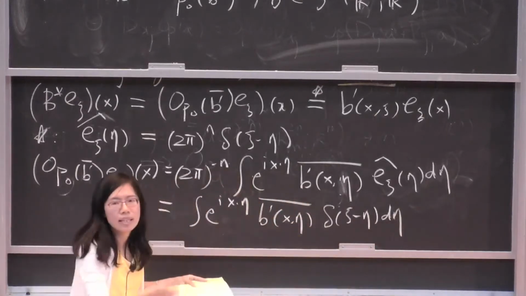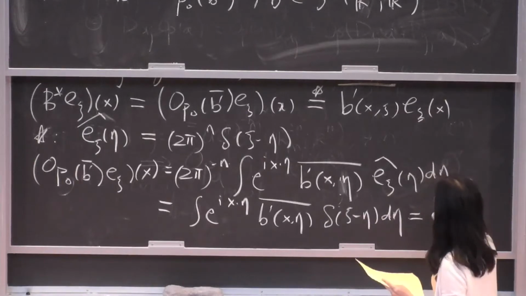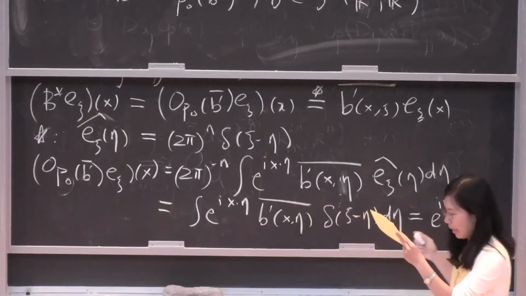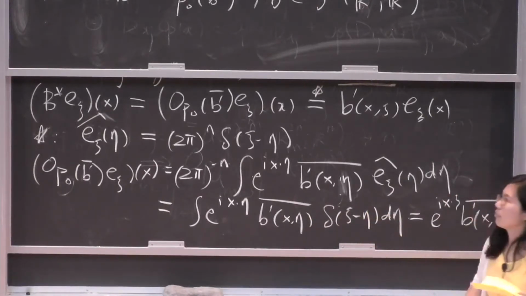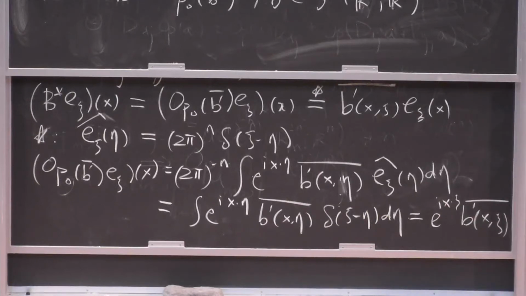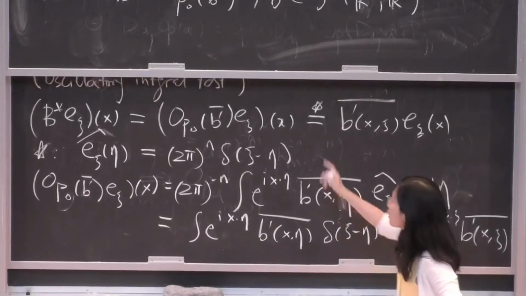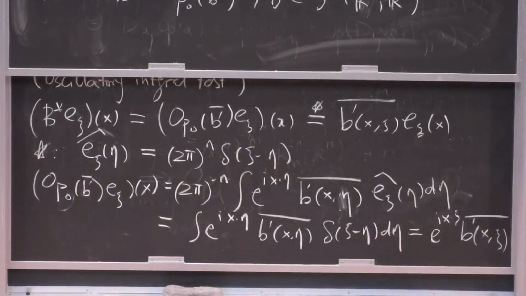All right, we all know that the delta function will pick out this number, so that's becoming e^(i x·psi) and b prime(x, psi bar). This is called the oscillatory integral test, in the sense that when you act on those oscillatory integrals, what you get is just the product type. So this picks out the symbol.